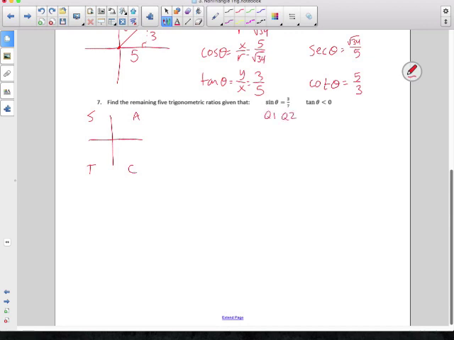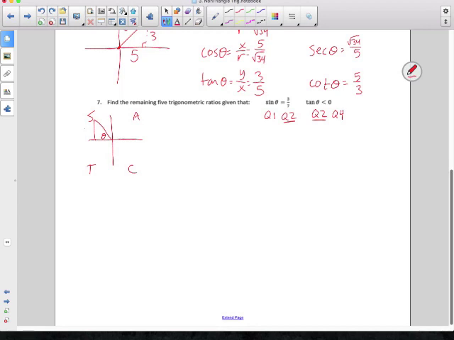If tangent's negative, we can't be in quadrant 1 because tangent's positive there. We could be in quadrant 2. We can't be in quadrant 3 because tangent's positive there, and tangent is negative in quadrant 4. So we look at the overlap. This angle is in quadrant 2 because it's the only one where sine is positive and tangent's negative.